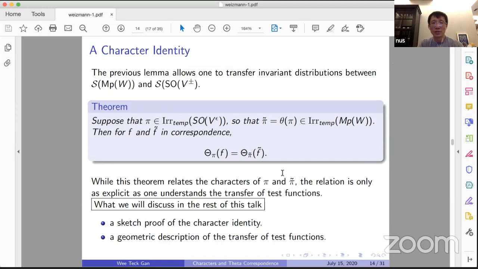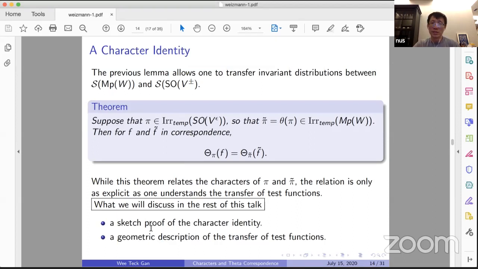Well, of course, you might say that it is only as explicit as one understands the transfer of test functions. What I want to do in the rest of this talk is mostly to give a geometric description of the transfer of test functions. But before that, I'd like to give you a sketch of the proof of this theorem.